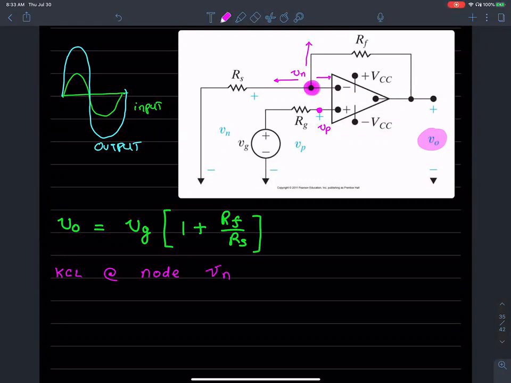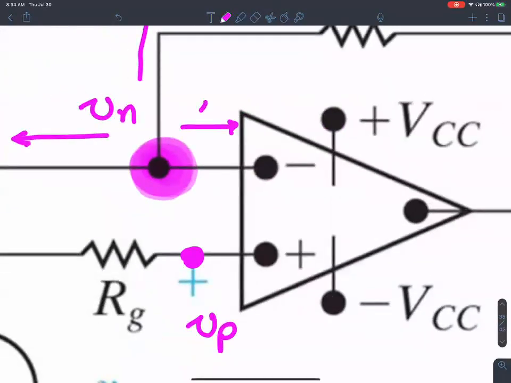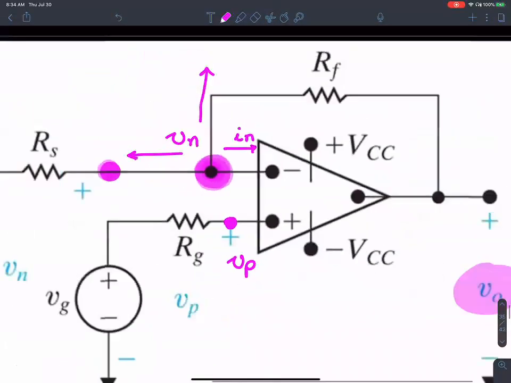So there are three currents. The current going to the left is Vn minus ground over Rs, because this voltage, Vn, minus this voltage, which is 0, over Rs. Plus the current going to the right, which is I sub n, going into the negative terminal of the op-amp.